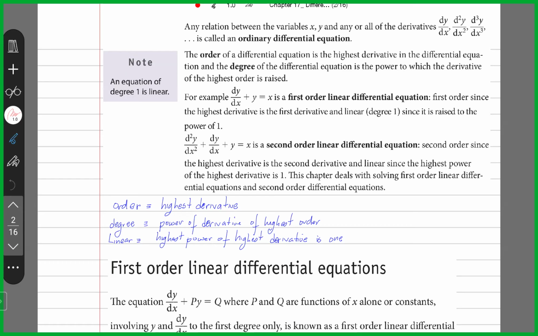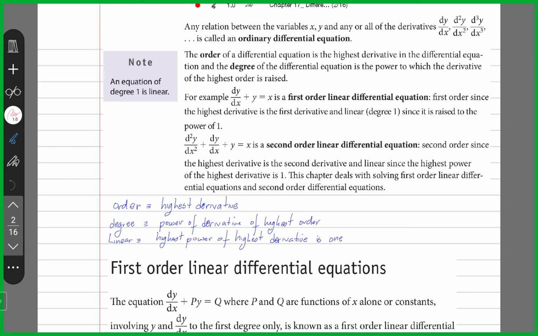Now, this chapter deals with solving first order linear differential equation and second order differential equations. So we're only looking at first order linear differential equation and second order, it's actually second order still linear differential equation. So again, whenever you see order refers to the highest derivative.